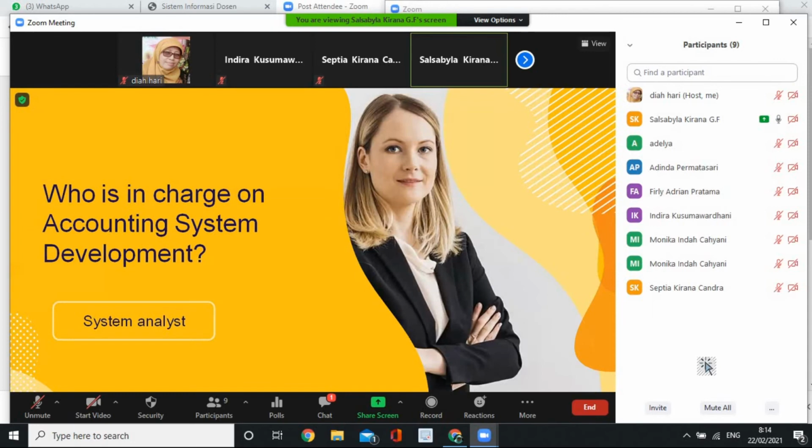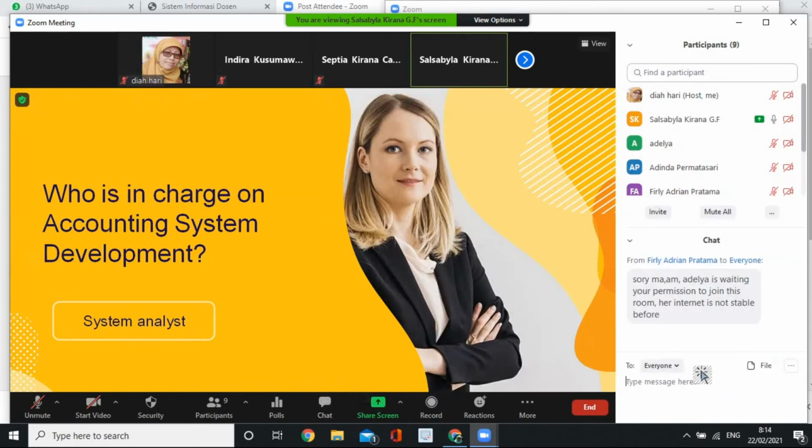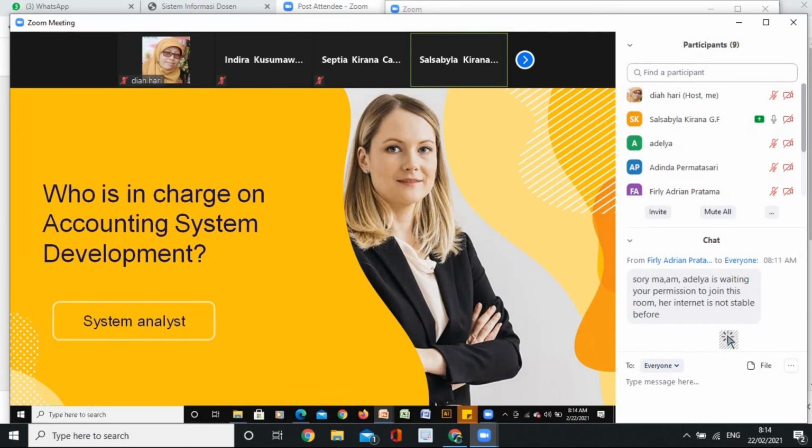The next is who is in charge of accounting system development. There are people or units that are responsible for the accounting system development.